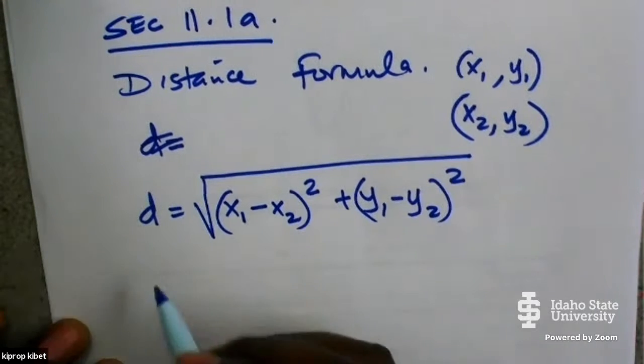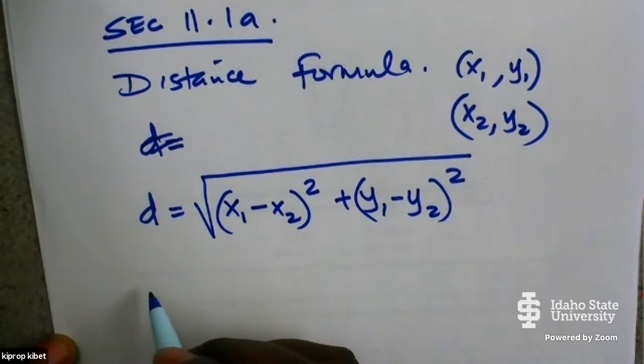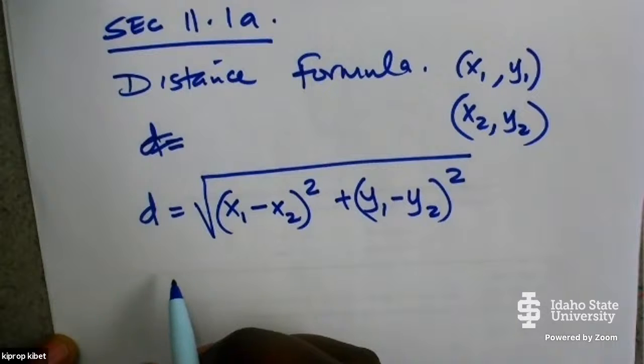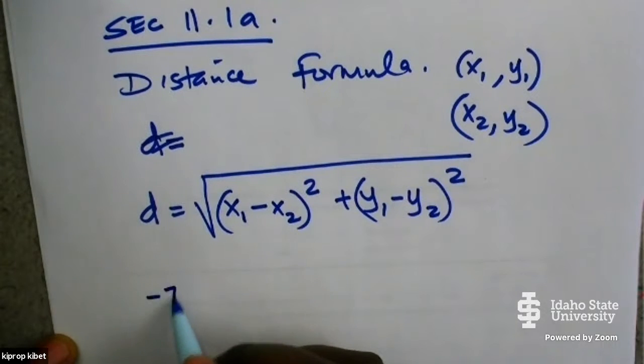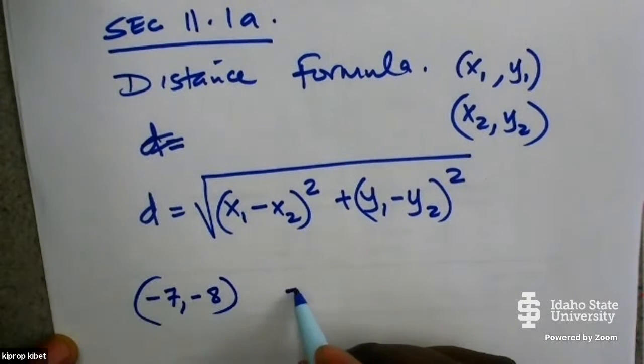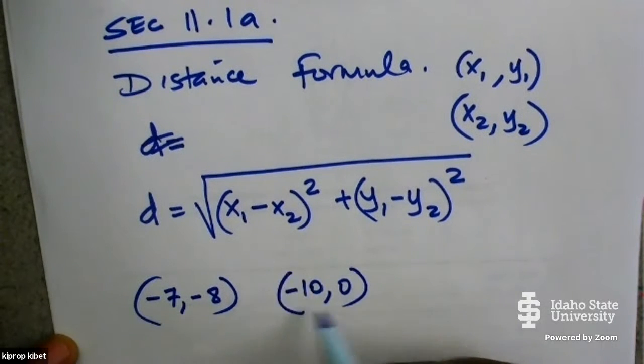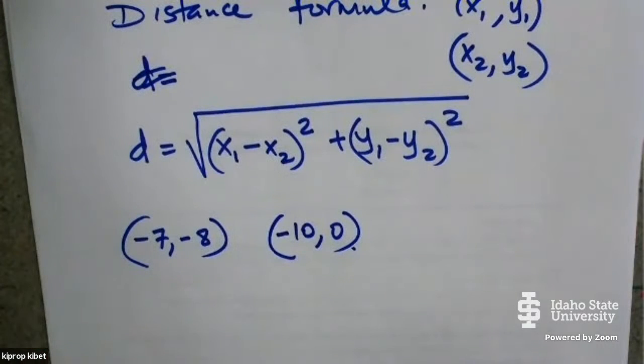So if you have a question like: use the distance formula to find the distance between the points (-7, -8) and (-10, 0). We have 2 points like that, and you're told to find the distance between them.